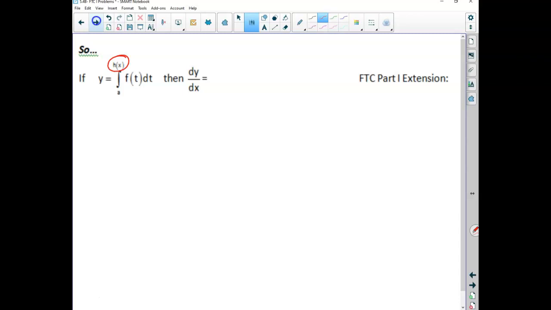Well, dy/dx has to equal f with h of x in it, times the derivative of what I put in. And we are going to prove that tomorrow.